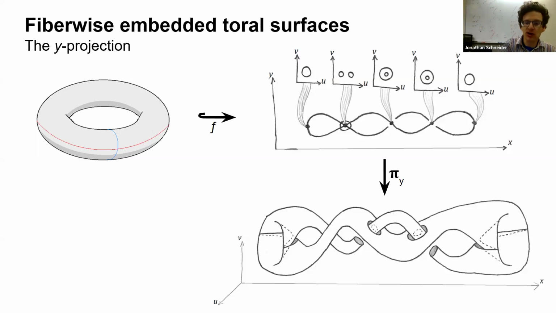You can see that the shape of the surface more or less follows the same shape of the shadow it casts on the XY plane in the UV projection. And that the crossing data, the virtual and classical crossings, are also readable in the surface, namely the virtual crossings from the picture up here.